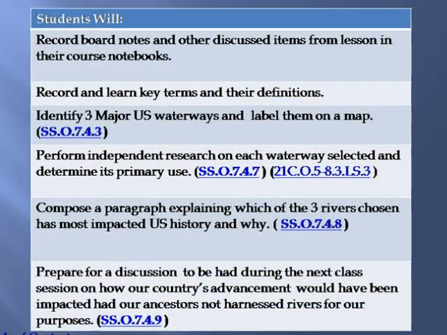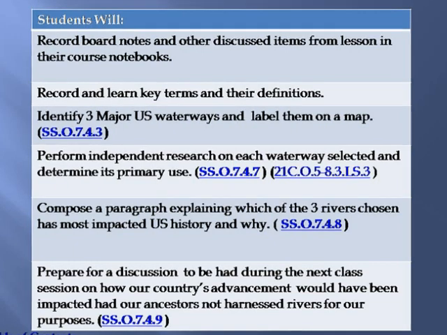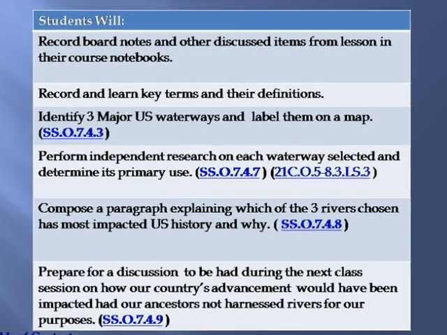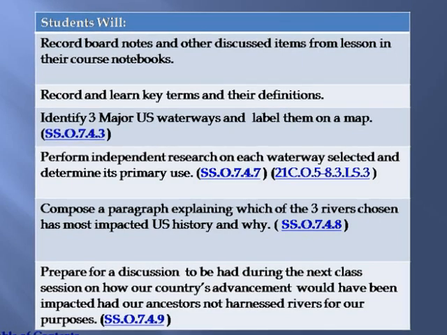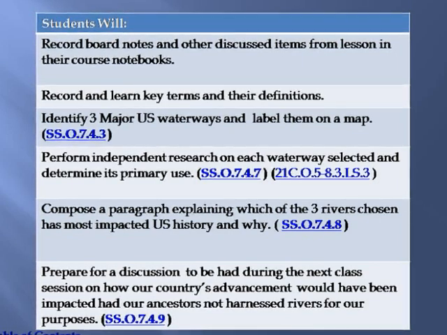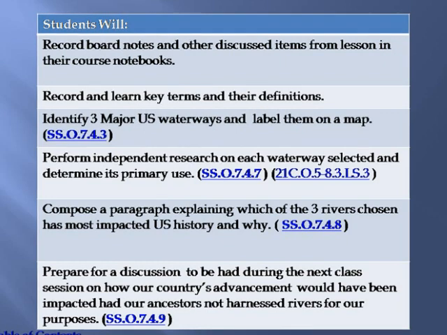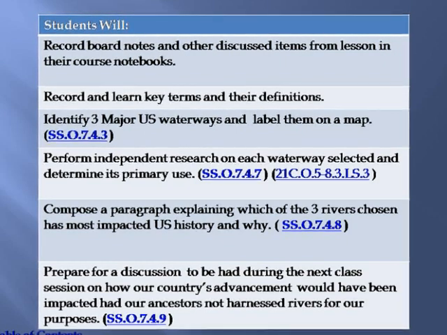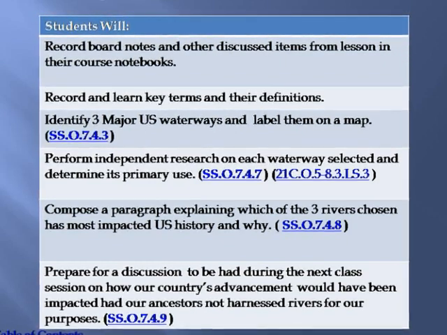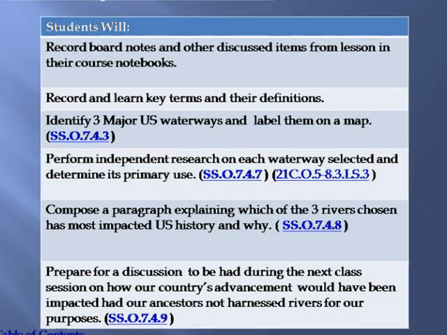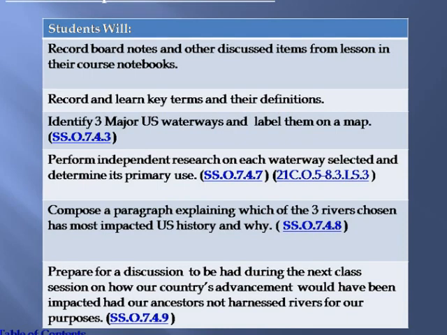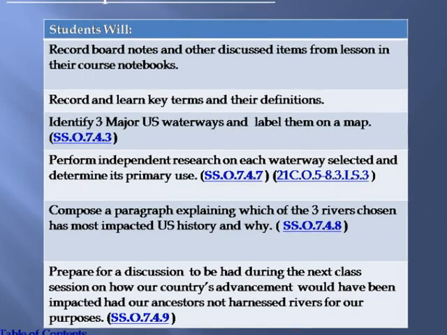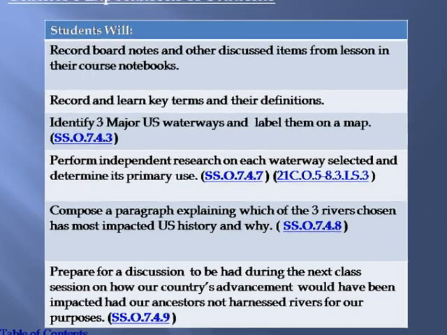This is a list of expectations that I have of the students following the lesson, or some of this could be done as classwork. I want them to record board notes and other discussed items from the lesson in their course notebooks. Obviously, they'll need to record and learn the key terms and their definitions for the later assessment to follow. I'm going to expect them in this lesson to identify 3 major U.S. waterways and label them on the map that I've provided.